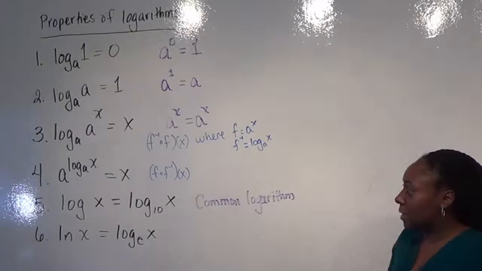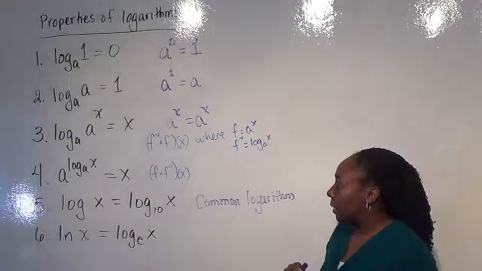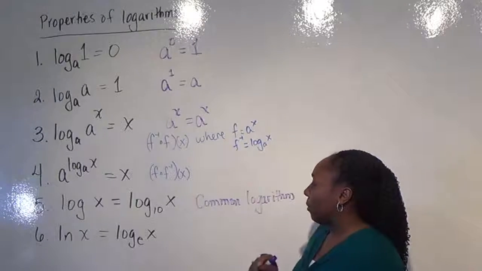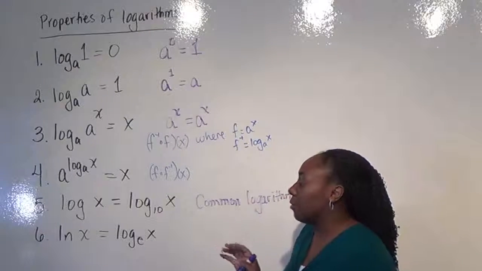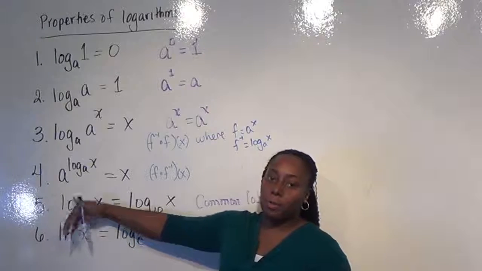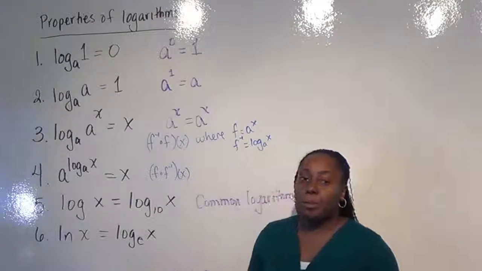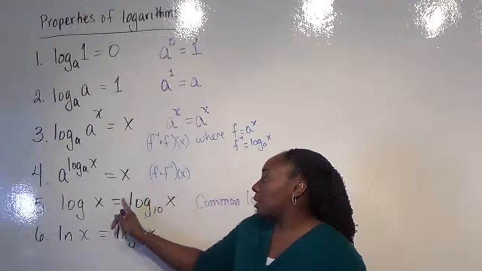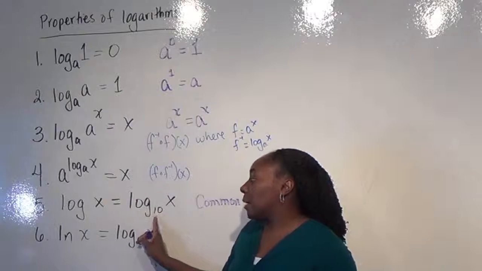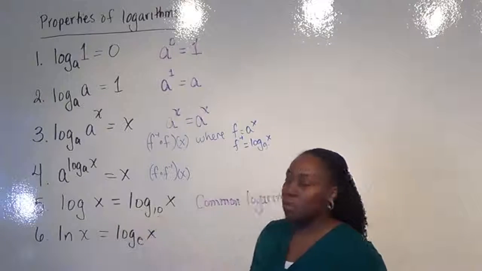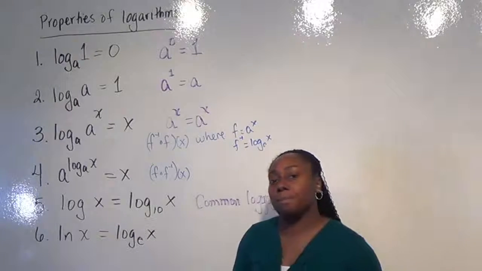In many of your sciences and some of your later math classes, you're going to see a lot of notation that looks like log of x or log of 20 or log of something. And it's not going to have a base written there. You will almost never see it written this way. Anytime you see this notation, this just means I'm looking at a base 10.